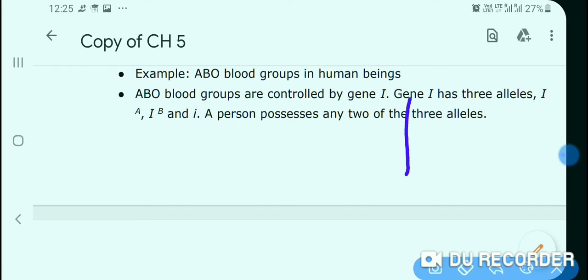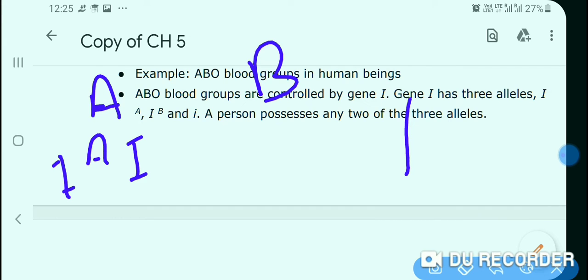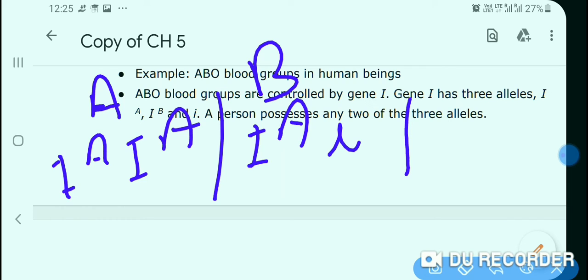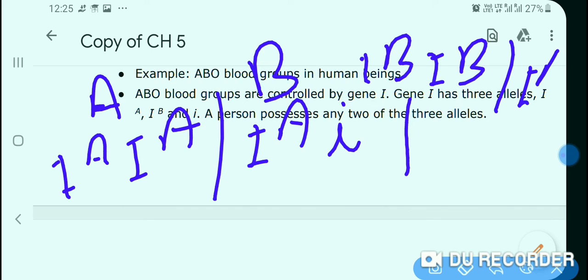So suppose a couple in which the male has blood group A and the female has blood group B. Let us decide the allele IA or IA i for A, and for B it will be IB or IB i.